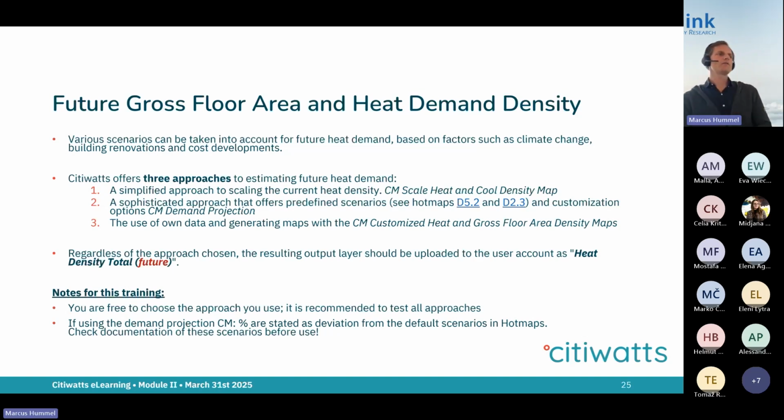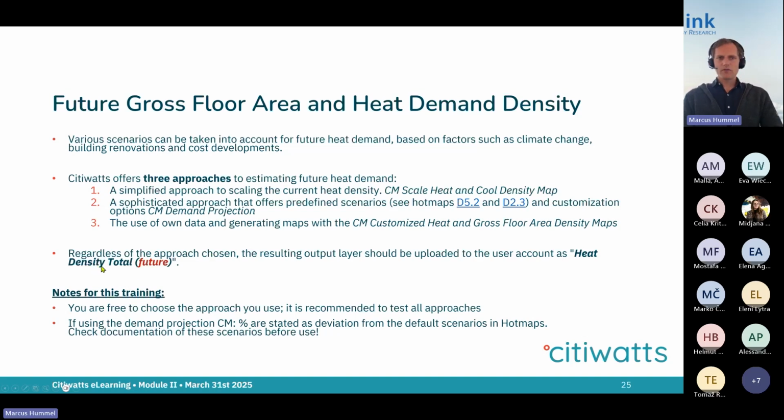And again, using this customized heat and gross floor area density maps module, generate new maps. So you are free to choose here for the training what you use. We suggest to start with the simple one and then become more advanced one after the other. But you're, as I said, free to use whatever.